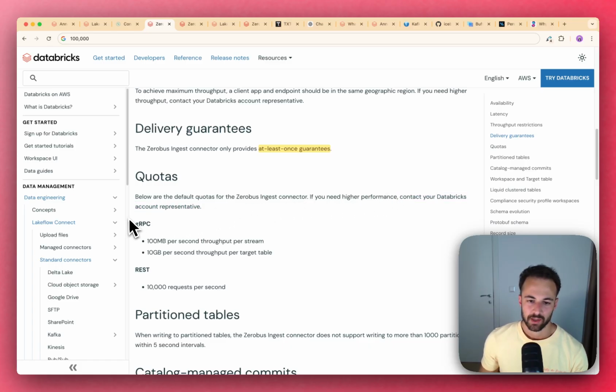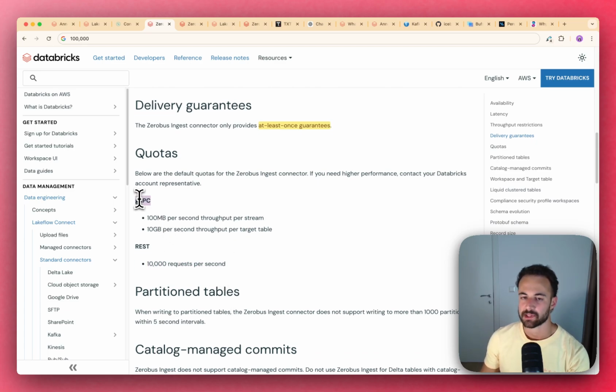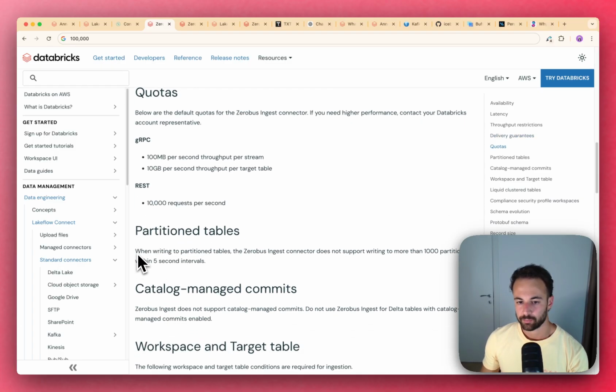I'm not sure. The gRPC has 100 megabytes per second throughput per stream and 10 gigabytes aggregate, and the REST has 10k requests a second. So I read somewhere else that gRPC is the one that's meant for high throughput, and the REST is more for single messages or less performance heavy applications. When writing to partition tables, the connector does not support writing to more than 1,000 partitions within a 5-second interval.